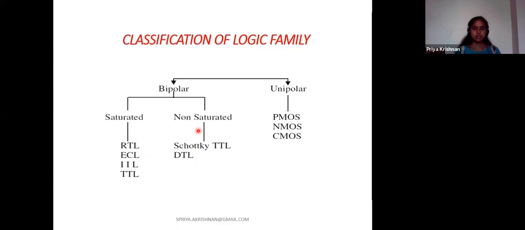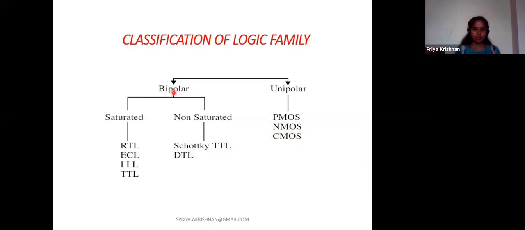Then it is the classification of logic families. See, these logic gates, digital circuits come across two different families. One is bipolar, and the other one is unipolar. In unipolar, I have the family of PMOS, P-type MOS, N-type MOS, metal oxide semiconductor, and CMOS, complementary metal oxide semiconductor. CMOS is a very famous one here.